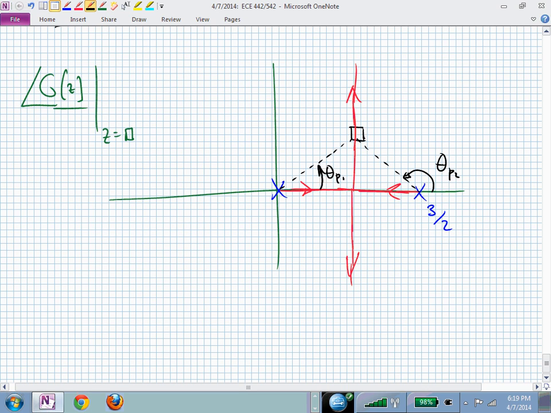The zeros would be positive. The poles are downstairs, so we're subtracting their angles. I do not have any zeros, so I'm subtracting theta p1 and theta p2, and I hope that they combine to give me a net angle of minus 180 degrees if that square lives on the root locus.